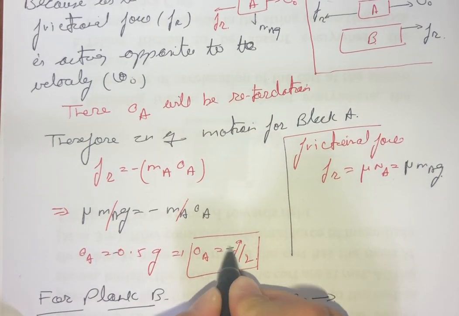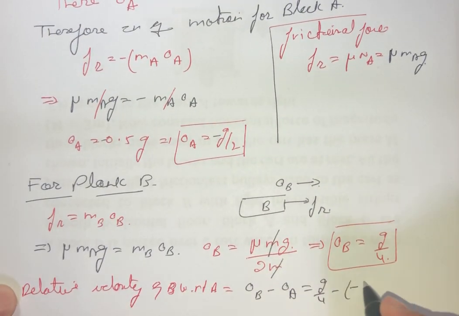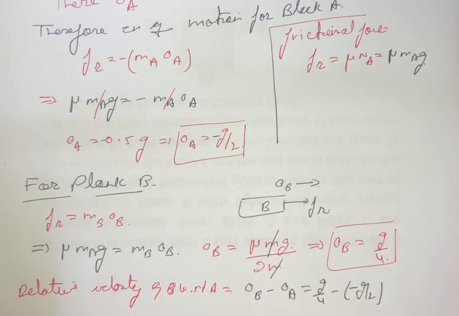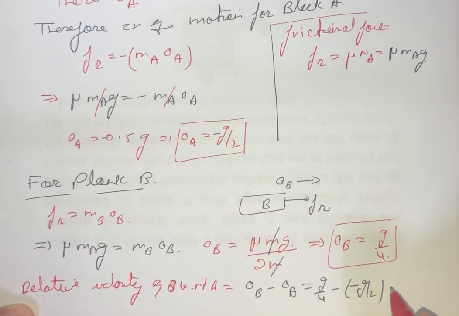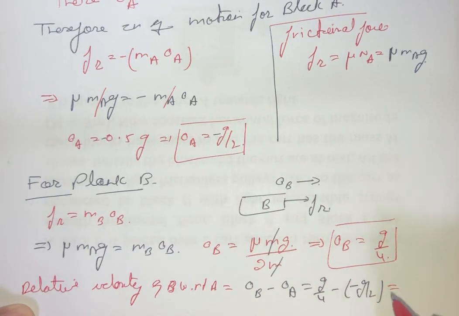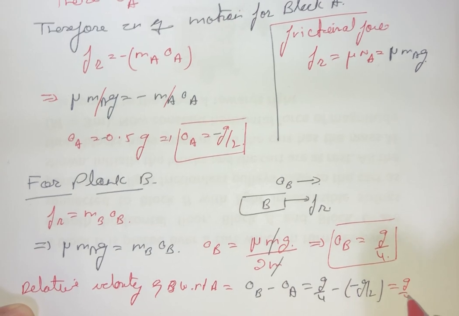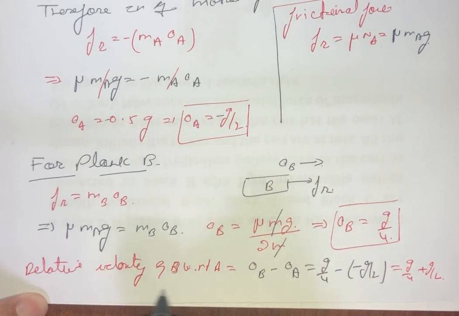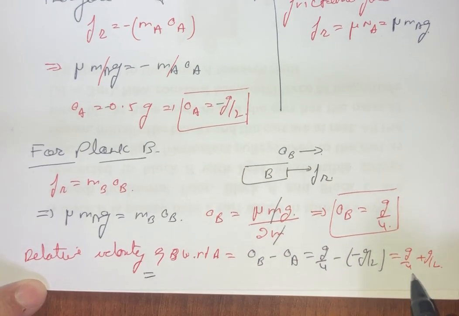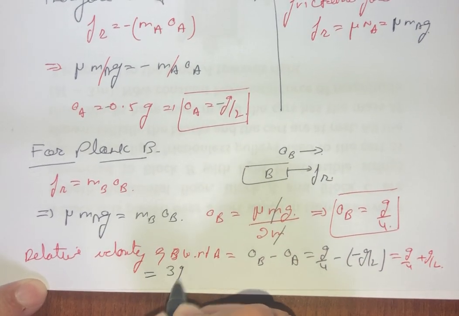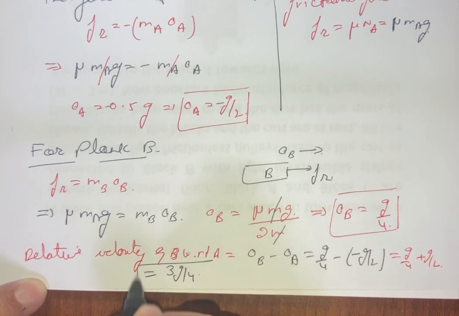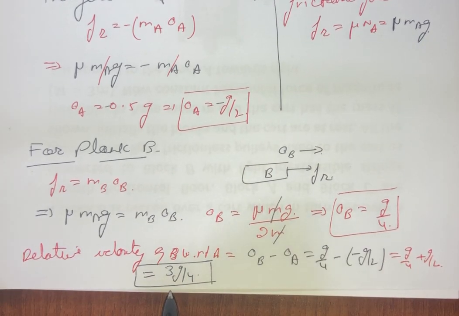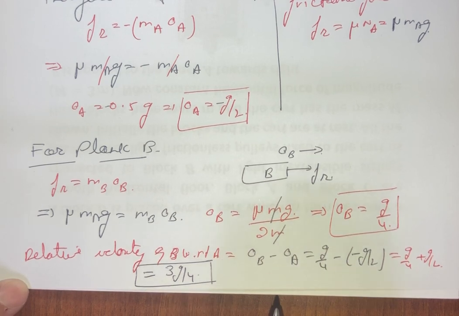Yes, sorry, here I missed the minus, it is minus g by 2. So we get g by 4 plus g by 2, and from here we can say that this will be coming as 3g by 4. So this is the relative acceleration of B with respect to A.